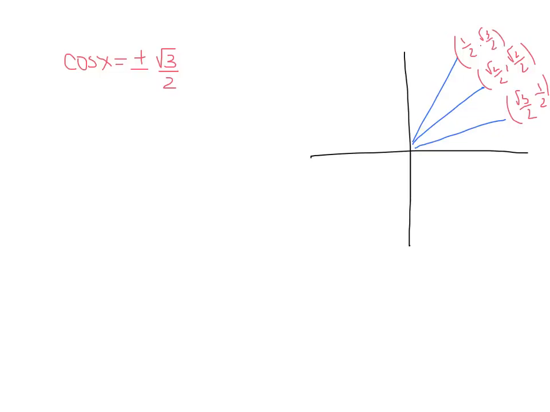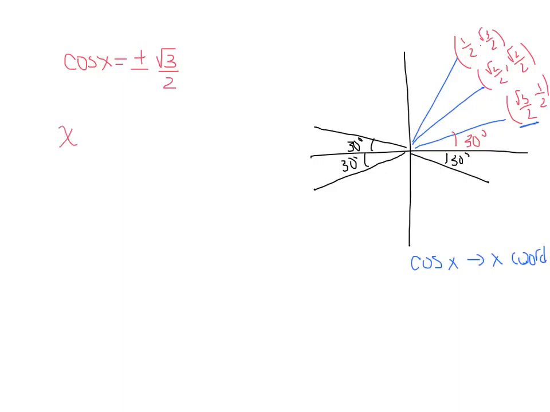And your cosine is the x-coordinate. So we're looking at 30 degrees here. So this reference angle is 30 degrees. And since we're going with plus or minus, we are basically going to have one answer in each quadrant. So here's where the 30 degrees is here. And the reference angle always gets drawn from the x-axis. So there's another 30 degrees here, and another 30 degrees here.